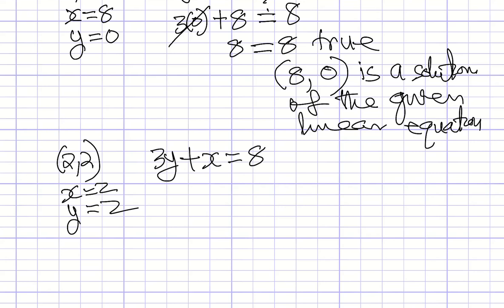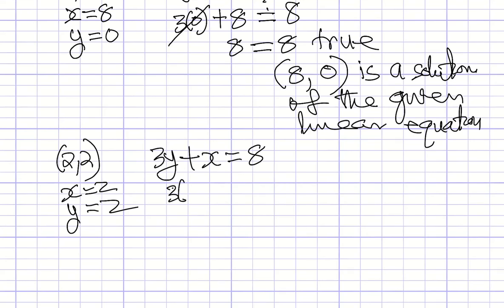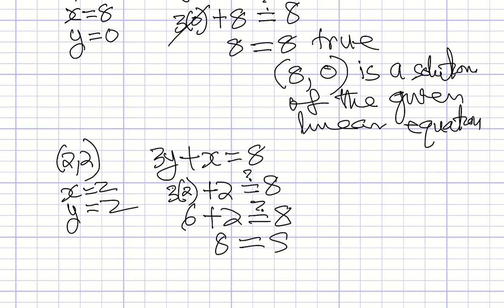You get 3 times 2 plus 2 is equal to 8. 3 times 2 is 6, plus 2 is equal to 8. We simplify the left side, we get 8. Yes, it equals 8. So this is true. Therefore, the ordered pair (2, 2) is a solution.